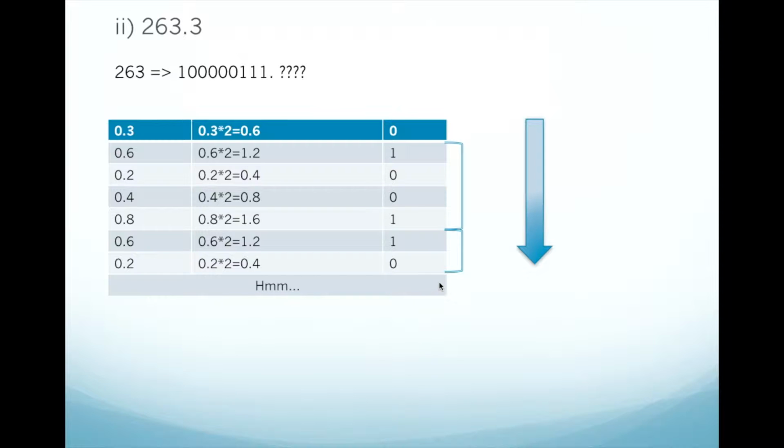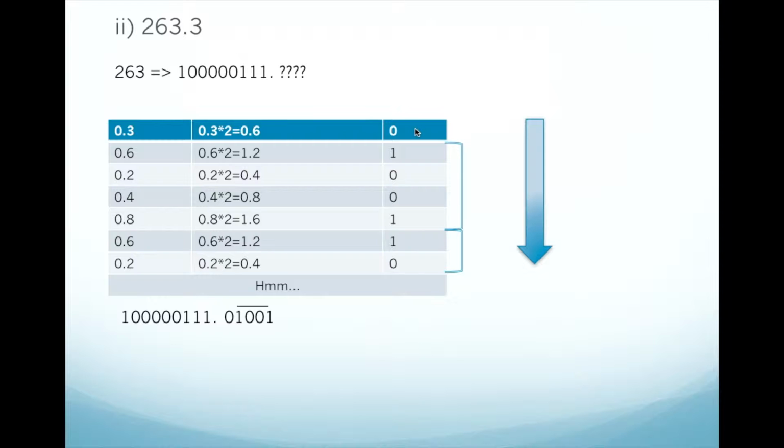So we're going to do our 263 dot, read it down. So we're going to do our 0, 1, 0, 0, 1, but you know this value is just going to keep repeating. So we put the repeating symbol on top.